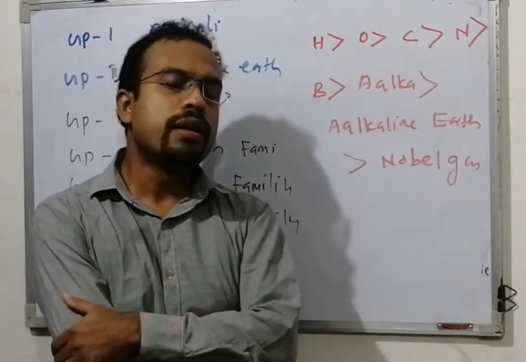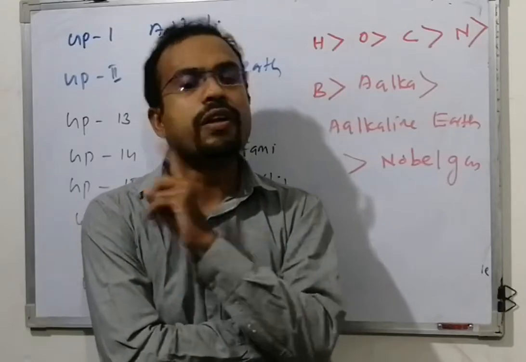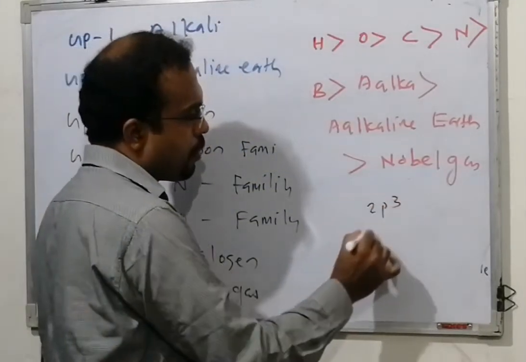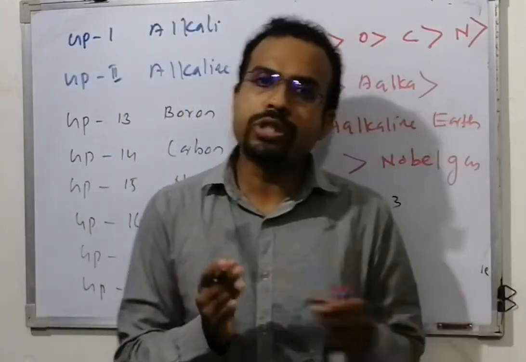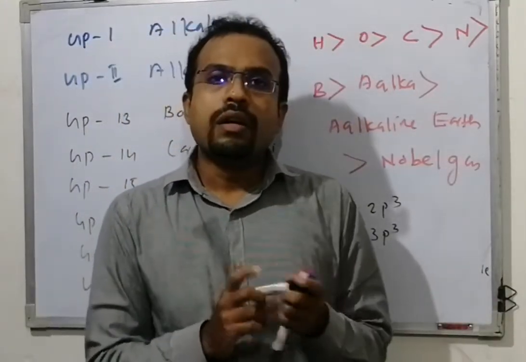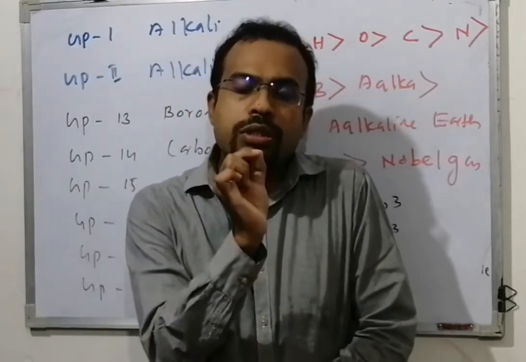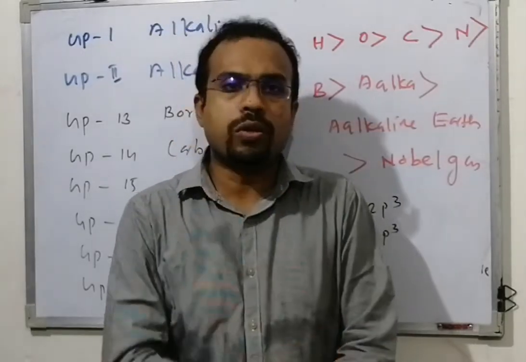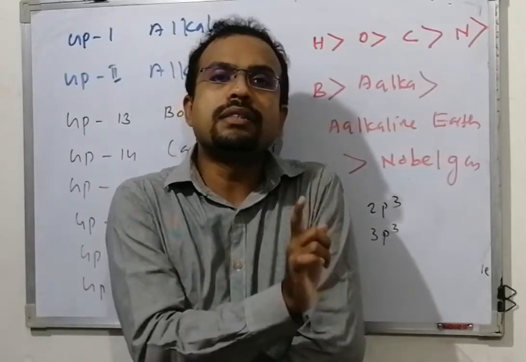You know why? Nitrogen group elements have half-filled configuration, that is 2p3, 3p3 like configuration. Half-filled is more stable. Therefore, when nitrogen accepts one more electron, this half-filled stability is lost.